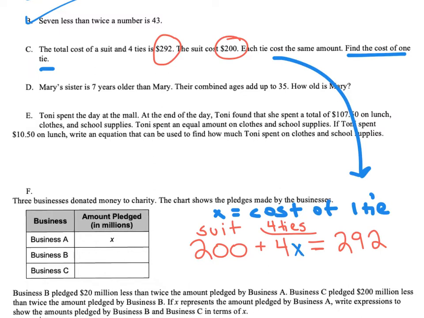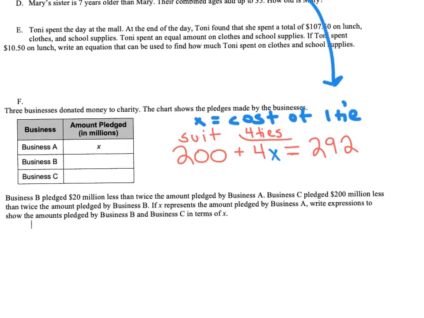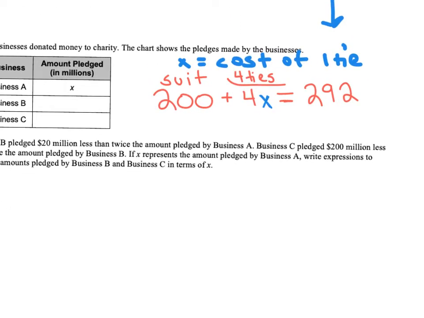For example, if a tie costs $1, this would be the $200 plus the 4 ties times $1, which is $4 total, to make up the total amount of $292. Now, obviously, each tie does not cost $1, but hopefully you got the idea that x represents the cost of a tie, and we have 4 ties. So 4 times the cost of each tie is the total.